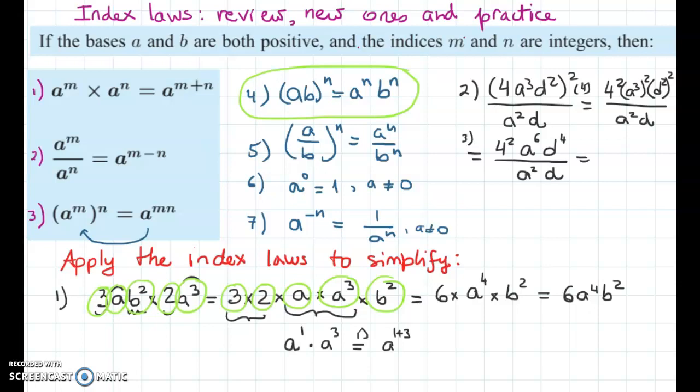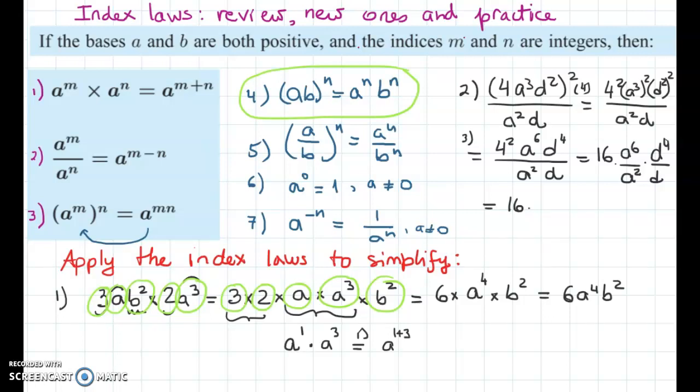Now for numbers, the only thing we have is 4 squared, so I'll just write 16. We have a to the power of 6 being divided by a squared, and d to the power of 4 being divided by d. And I can write it in this way because that's how we multiply fractions. We multiply numerators and denominators. So we have over here 16, and then we have a to the power of 6 divided by a to the power of 2.